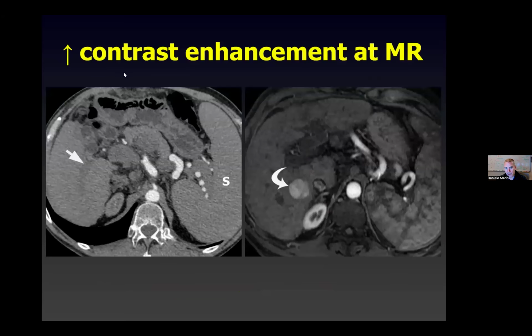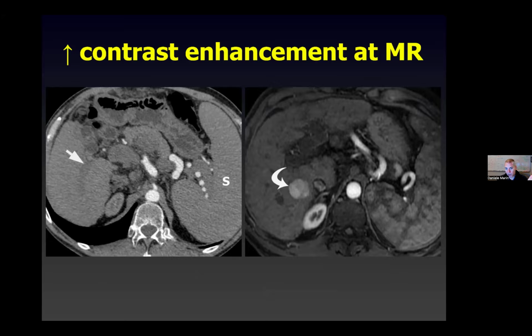Another important reminder is that in order to identify hepatocellular carcinoma, it's very important that we pay a lot of attention to our imaging protocol. And in particular, we pay a lot of attention to the diagnostic quality of the arterial phase.